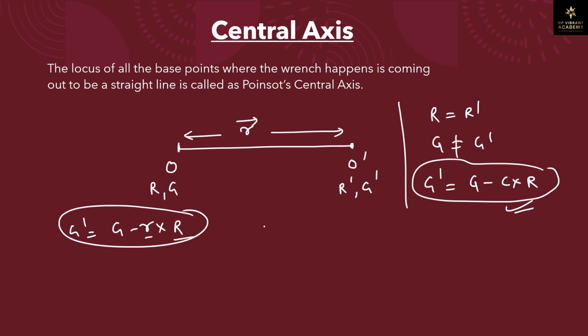Let us recall that. Let us take a nut and bolt like this. This is the nut and this is the bolt. This nut will rotate like this; let us consider this rotation as anti-clockwise direction. So this is the axis of rotation.